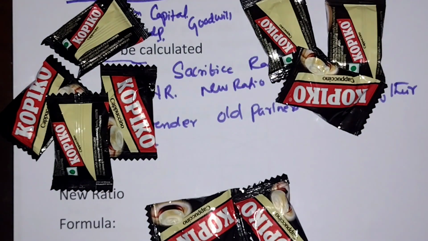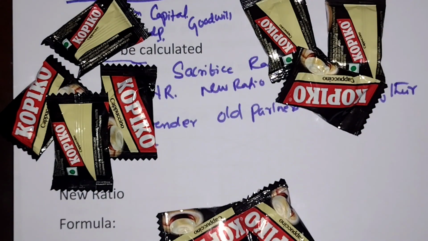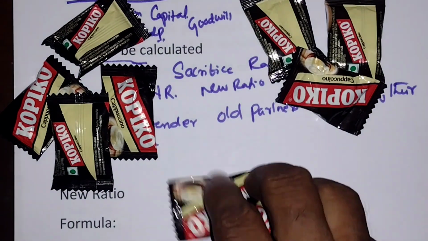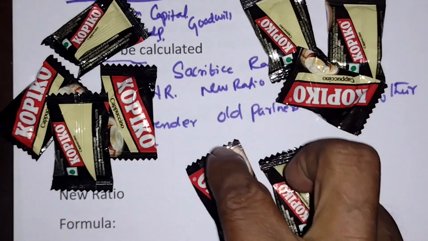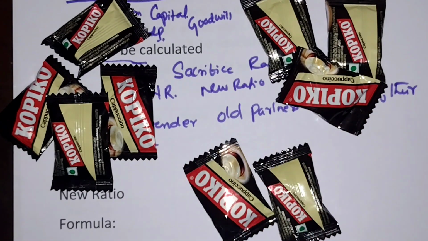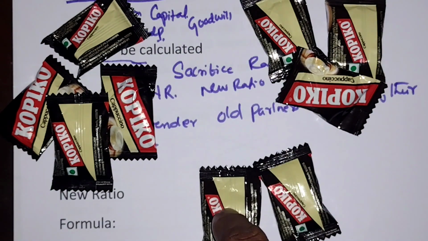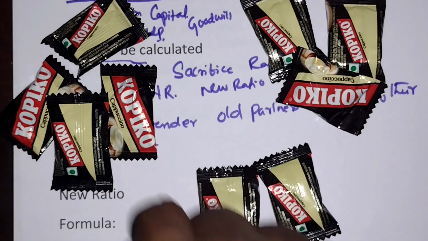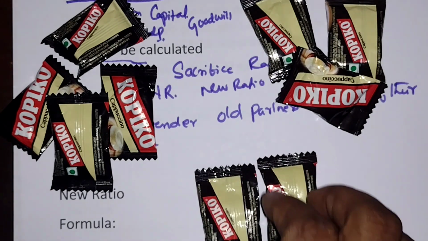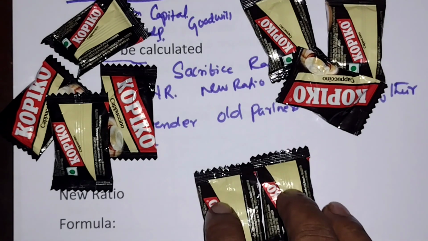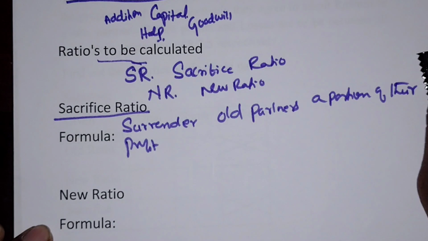First it was 5 and 4. Now it has come to 4:3:2. So this is called the sacrifice. The change in the ratio is called the sacrifice ratio. Mr. A is losing some value, that is called surrender. Mr. B is surrendering or losing something, that is called the sacrifice. We convert this in terms of the ratio, and that is called the sacrifice ratio.